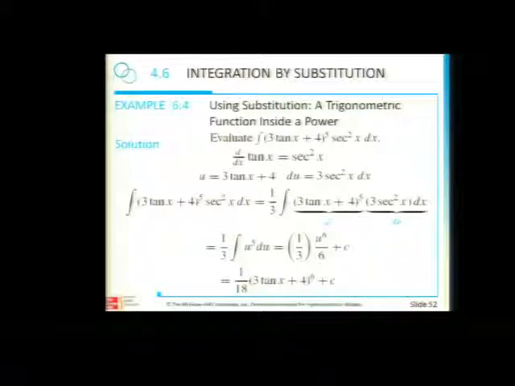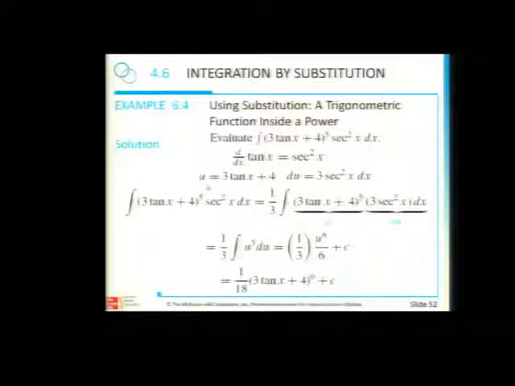Therefore, we let u be tangent x, and to make it better, we let it be 3 tangent x plus 4, this one. So that when we differentiate, we get secant square. We get this part. All right? Okay? So adding 4 doesn't really matter, because when you differentiate, the 4 will be gone. Differentiating a constant becomes 0.